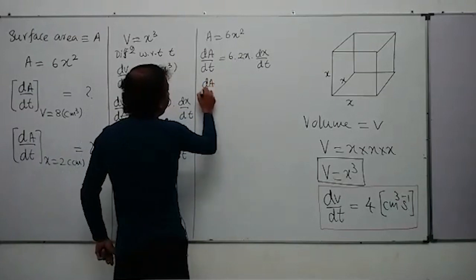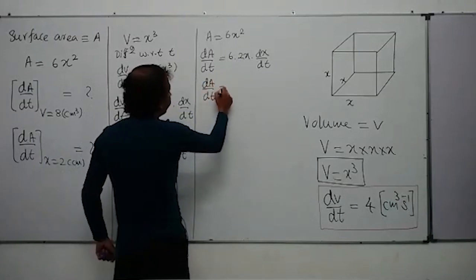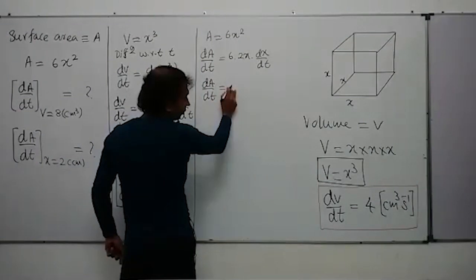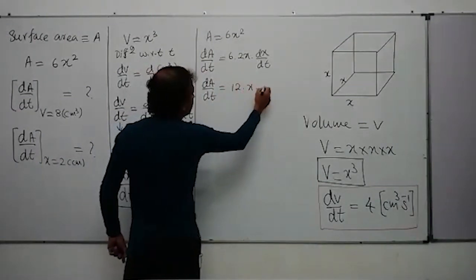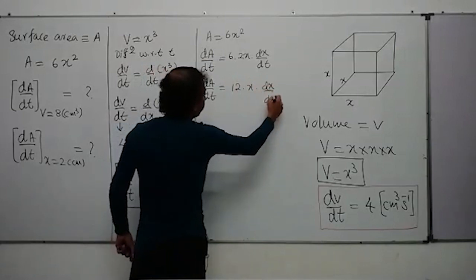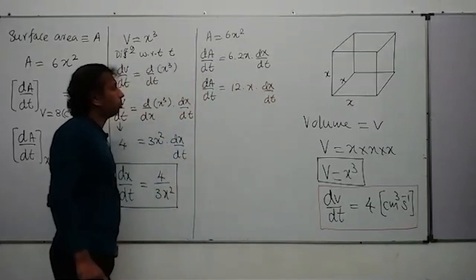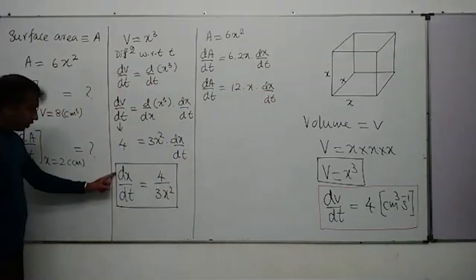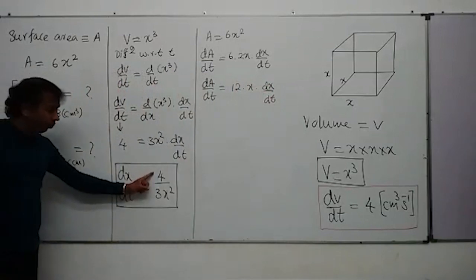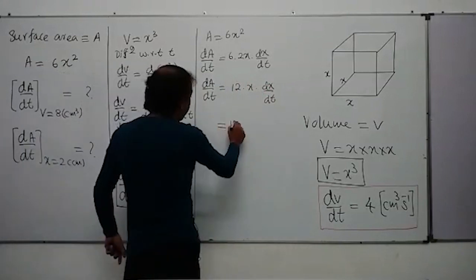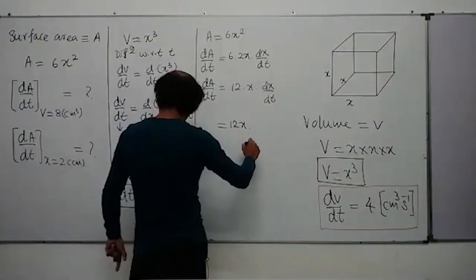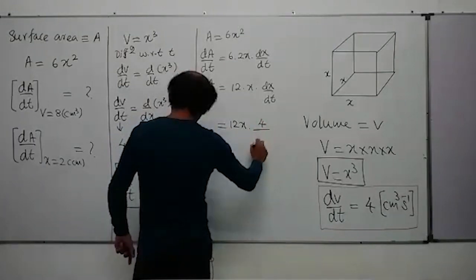dA by dt is 12 times x times dx by dt. This dx by dt, people, is 4 upon 3x squared. 12x dx upon dt, 4 divided by 3x squared.